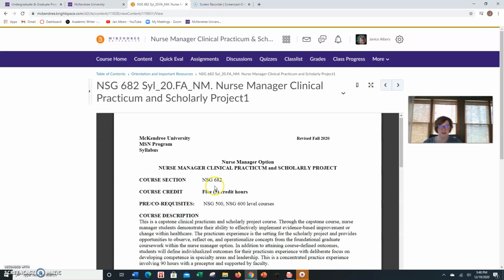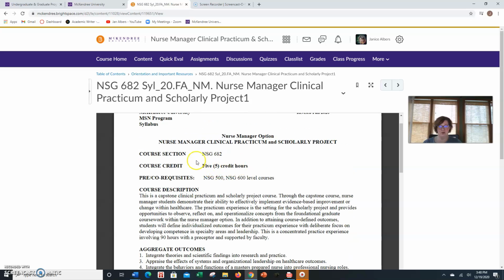And then we also have, for this course, this is actually 682, but the syllabus for 621 is virtually the same. The only difference is, please note that for 682 there are 5 credit hours, and that is because we have students who are transitioning from the old curriculum to the new curriculum, and we didn't want to charge them extra money. If we had a 6-hour course, many of them would be paying for an extra credit hour.